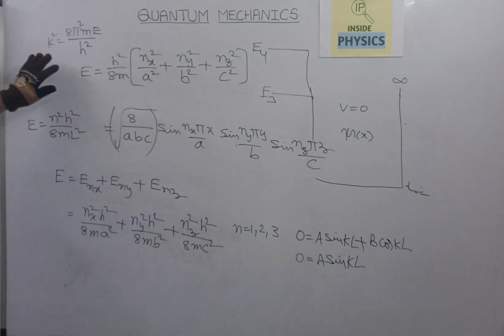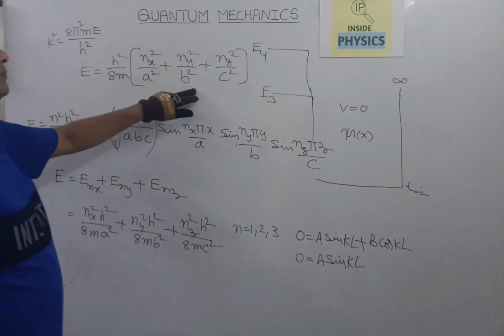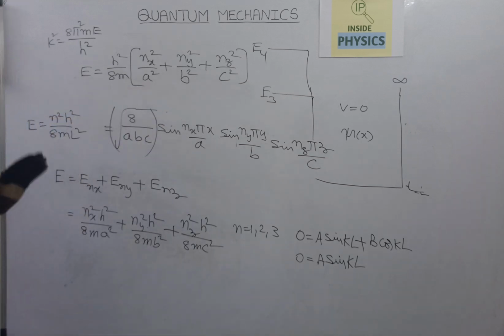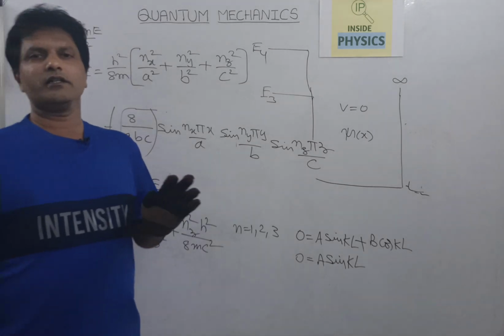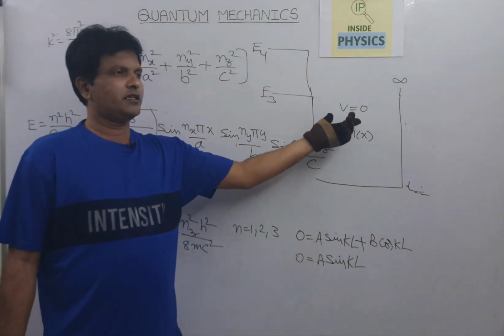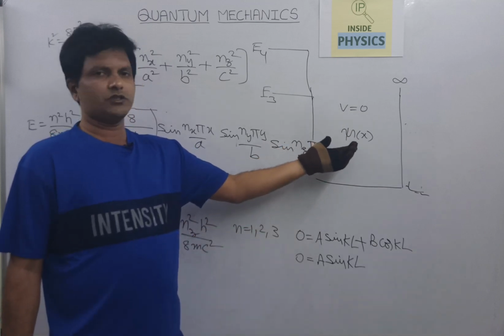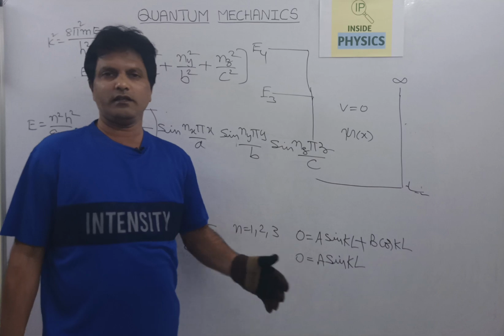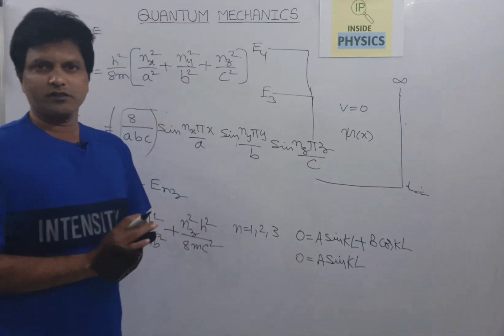This is the total energy of the particle moving in a three-dimensional space with boundaries a, b, c. This is the process of finding a particle based on the energy levels; once the energy levels are evaluated, we can have the position of the particle inside the space we are calculating. So this is about the potential well.